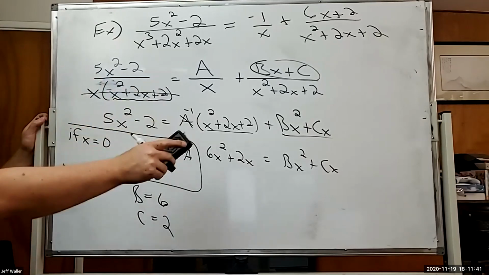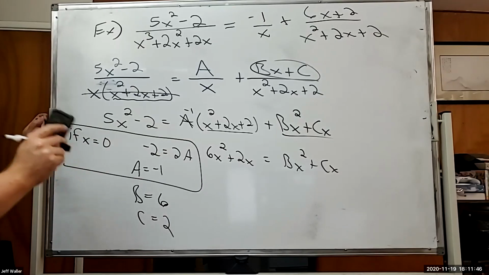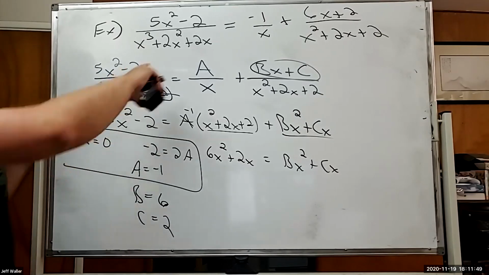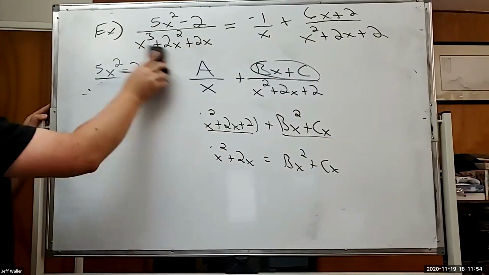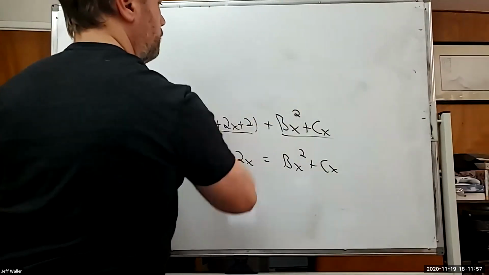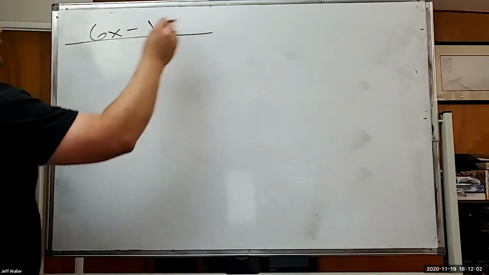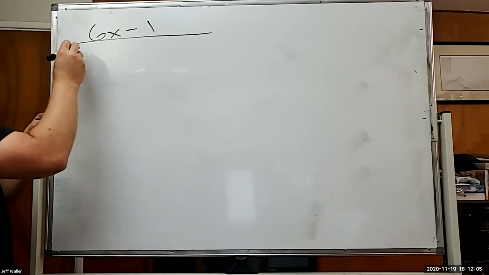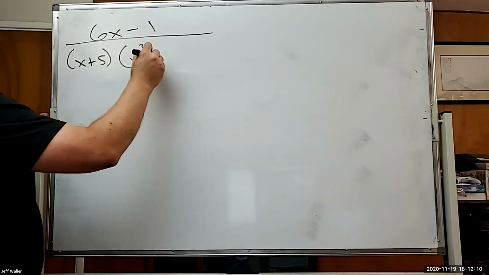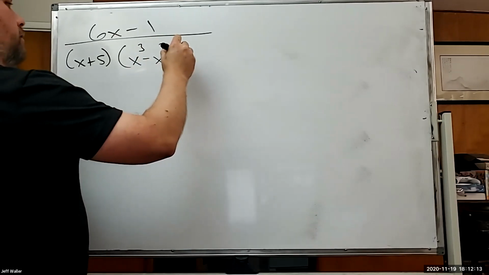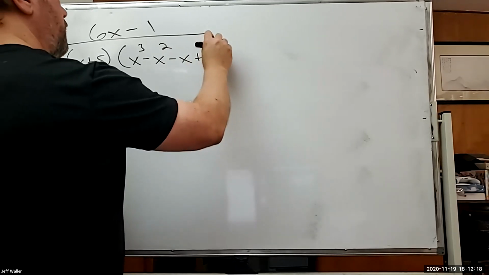All right, I'm going to erase this. I'm going to show you an example. We're not going to work it out, but I just want to show you an example and see if you know how to write the A, B stuff. So what if I had 6x minus 1 over, what do you got, Jeff? X plus 5 times x cubed minus x squared minus x plus 1 squared.